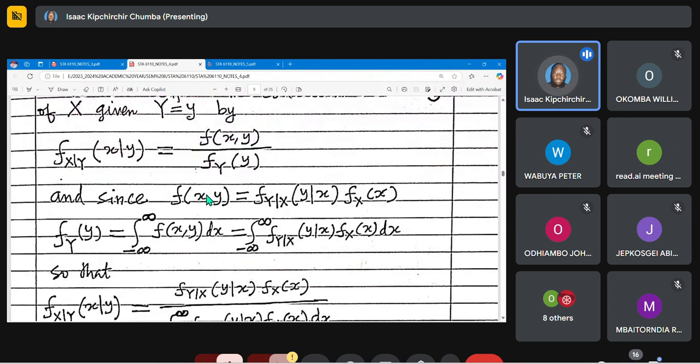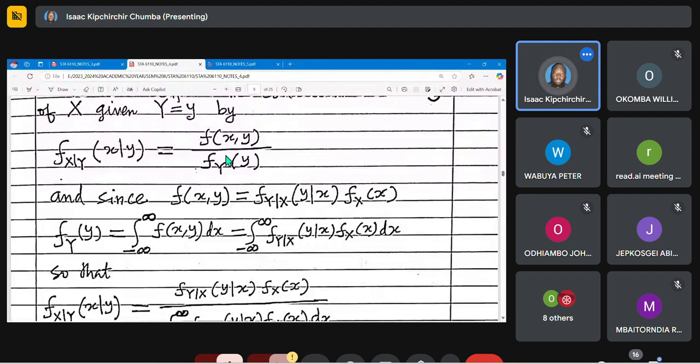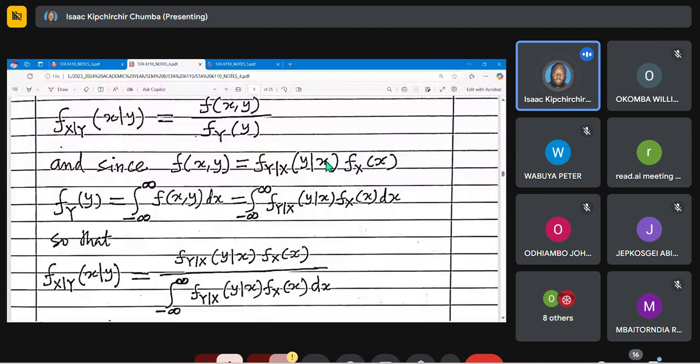So this joint, which is expressed as the conditional of y given x times the marginal of x, I can now integrate over x to get the marginal of y. So this is exactly what I've done. You can see this is now what we call the marginal of y, whatever you have here. So this joint is what we have on the right hand side, and the marginal of y is what we have on the right hand side. So to get the conditional of x given y, I'll just be using this over this.